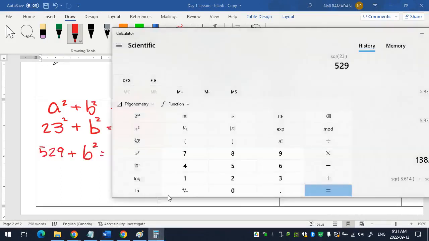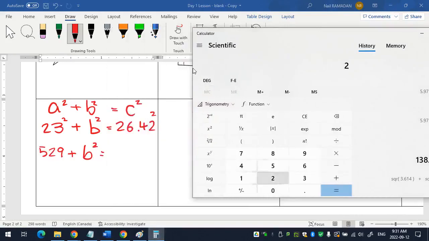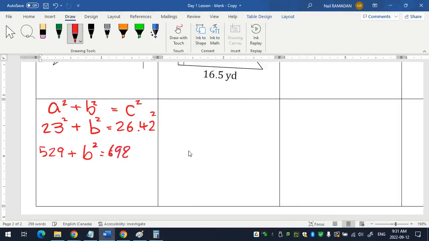Okay, what's the square of this one? 26.42 squared is 698.0164. Obviously, you might ask me, do you really want to keep all of these? It's an intermediate step. I have a habit of keeping them just to make sure that my final answer is as good as possible. So 698.0164.